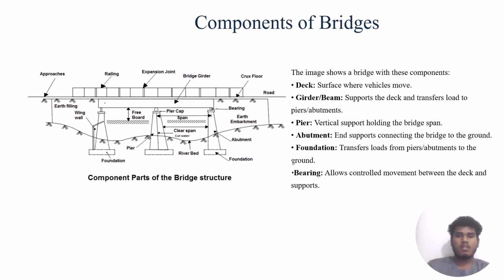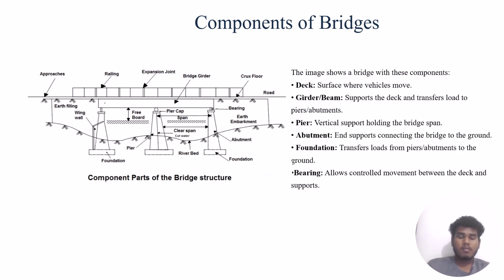So here we can see this is the abutment. Then the next one is foundation. Foundation is the main part of our bridge, on which the whole bridge stands. A foundation transfers load from piers and abutments to the ground.